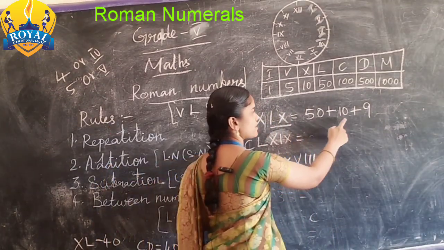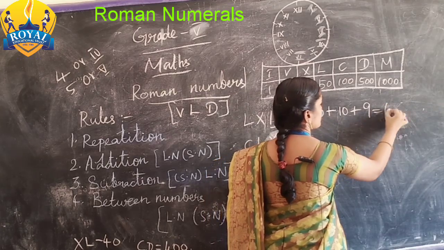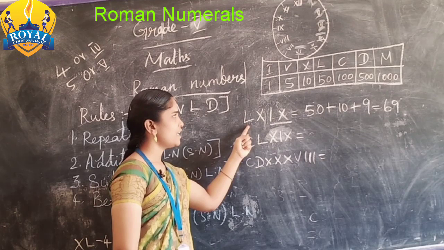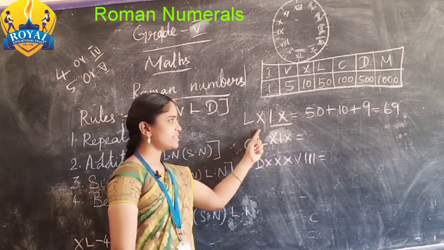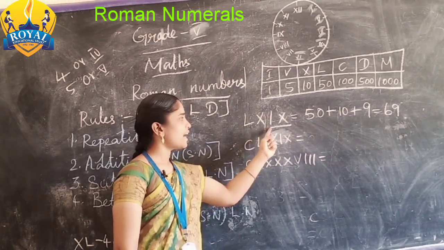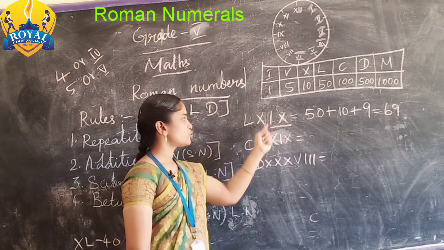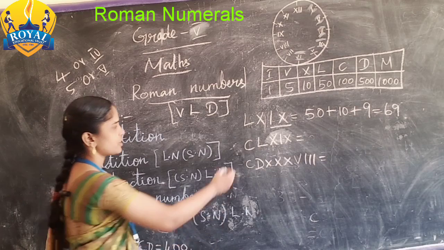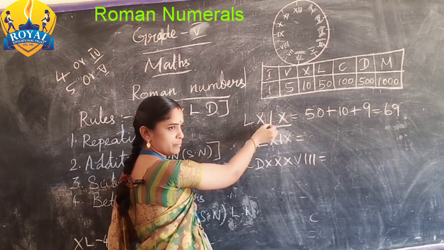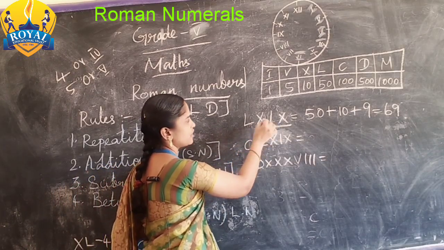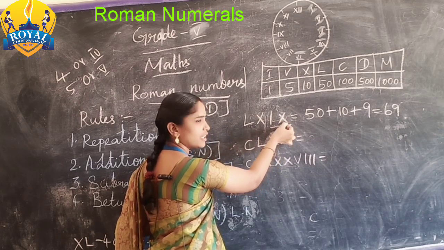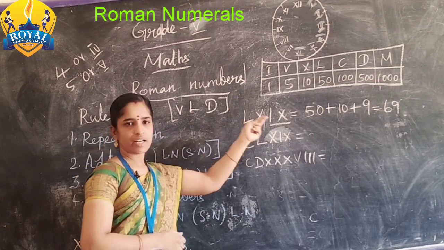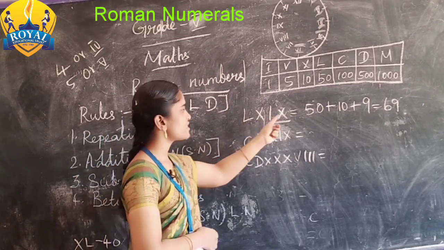So 50 plus 10 plus 9, that is 69. Okay, student? I repeat it. Also that rule is the subtraction rule: here I, the smaller number, is subtracted from the larger number on its right side.